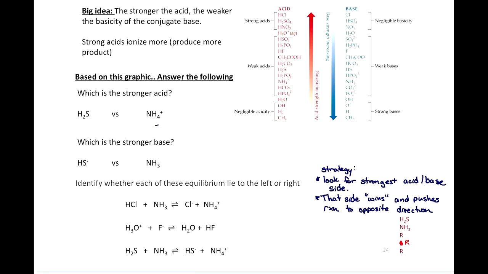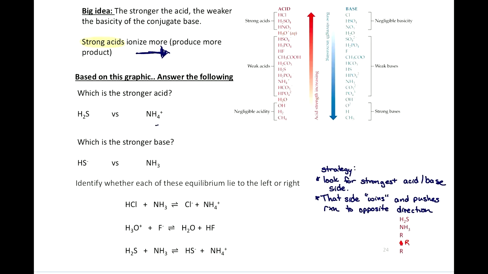This one's tricky. When we're mixing two things and we're comparing two things on the table, this is the strategy you want to use. Recognize that anything that's strong, a strong acid, a strong base, ionizes more, produces more product, has a completely forward arrow. Strong acids, strong bases, completely full arrow.